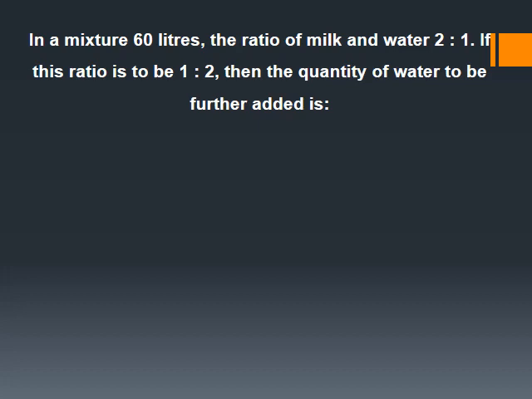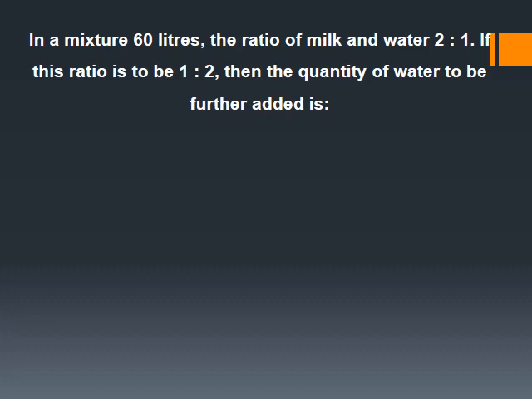The total portion will be 3, because 2:1, we add 2 and 1, that will be the total. So 2 out of 3 will be milk and 1 out of 3 will be water.